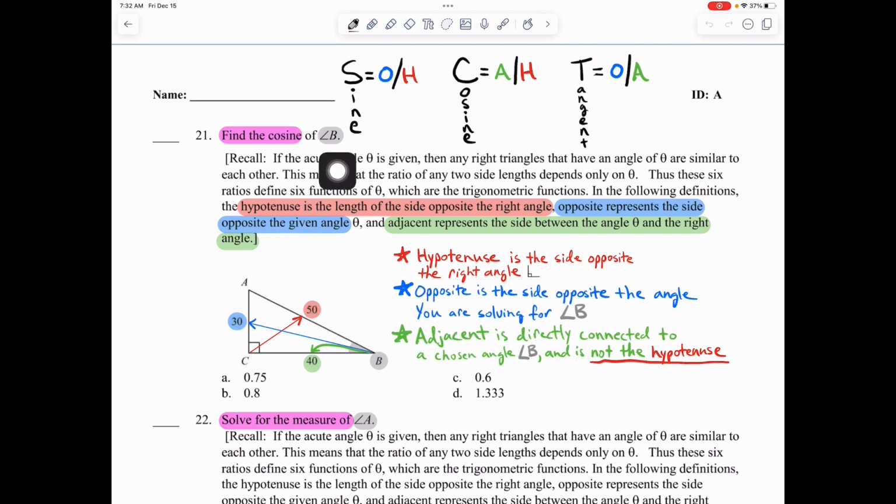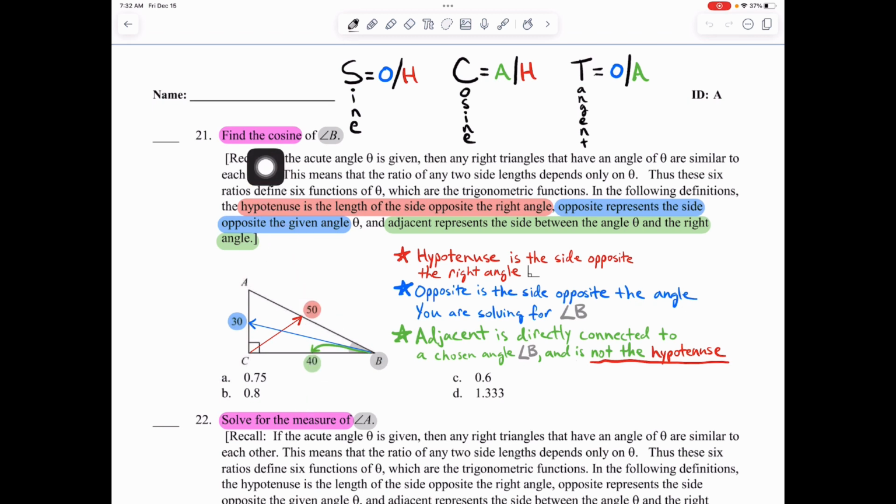In this case, it's angle B. If I go directly across from angle B, we get 30 for its opposite side. The other one is simply the adjacent. I always try to find the hypotenuse and opposite first, and then I know the adjacent is there. But just in case, it is directly connected to angle B and is not the hypotenuse. So it's clearly 40.